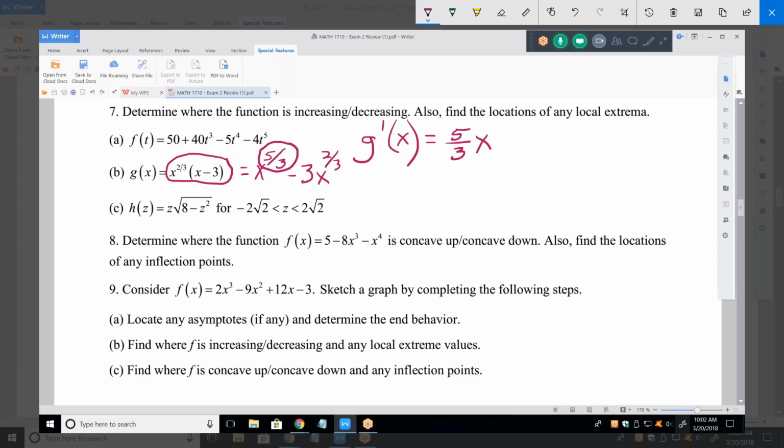To 2/3. Okay. Do the same thing on the second thing. What's the coefficient going to be? It's 2, and then x to the negative 1/3. There you go. Okay. So now what?